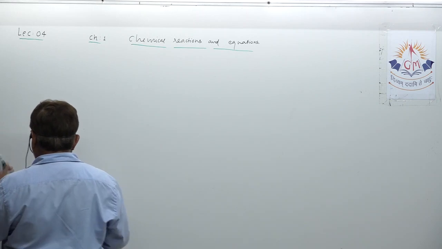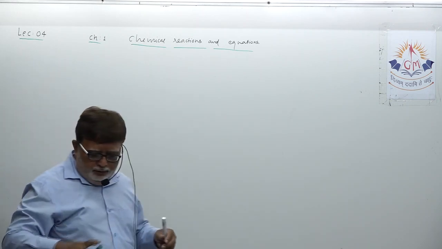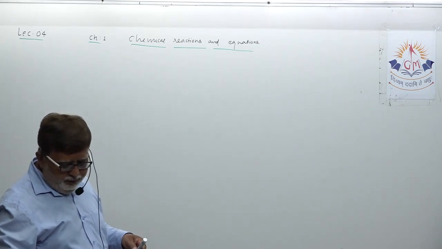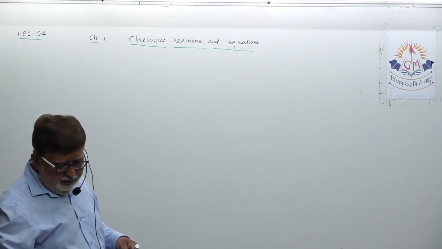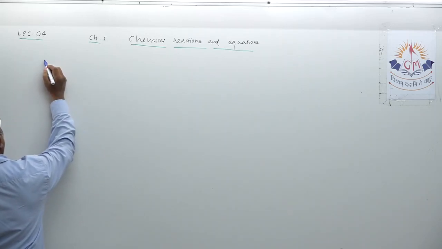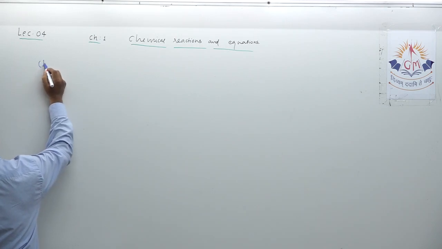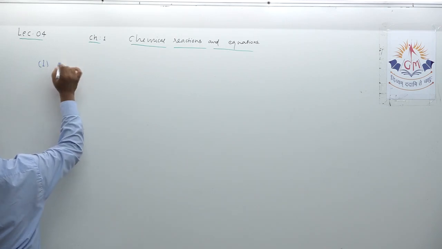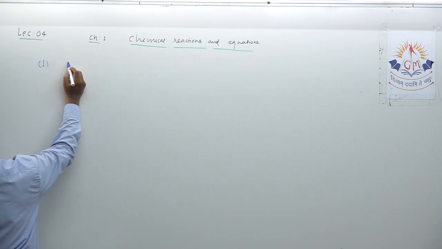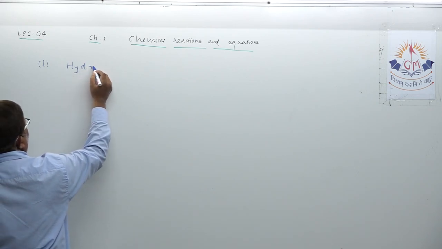Suppose, dear student, we are trying to balance a few chemical equations, okay? Let me write one word equation for you. What we are going to do in today's lecture, I will write one word equation and you will try to balance it. I am writing the word equation here.